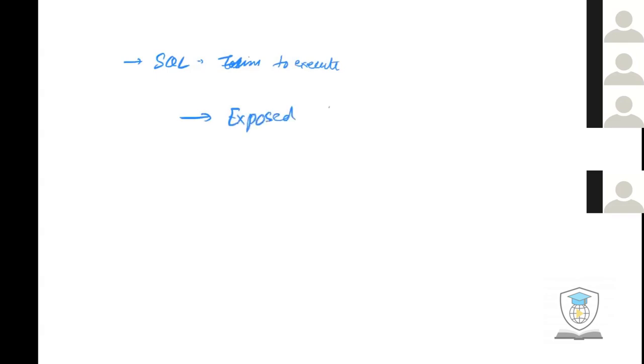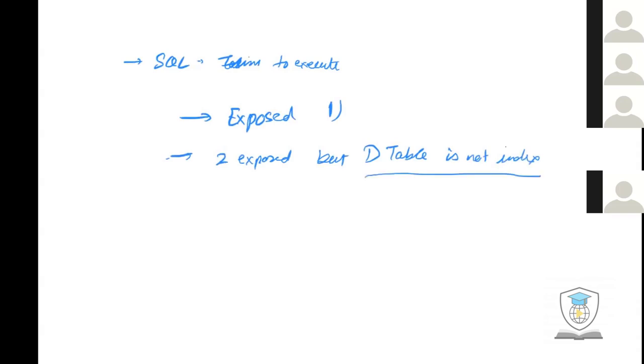Second, it is exposed, but the database table is not indexed. There can be an issue with indexing also. Or the problem can be that you have used too many joins.